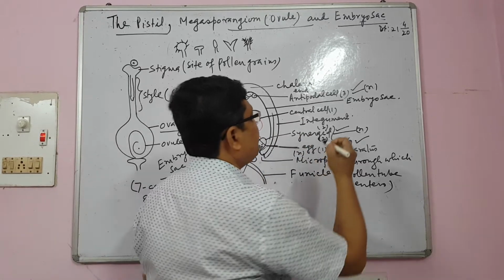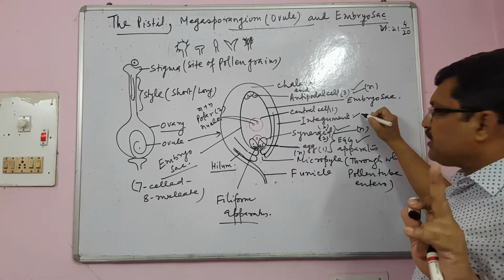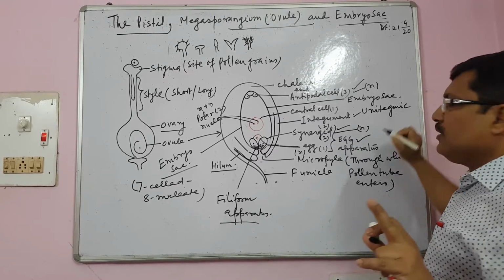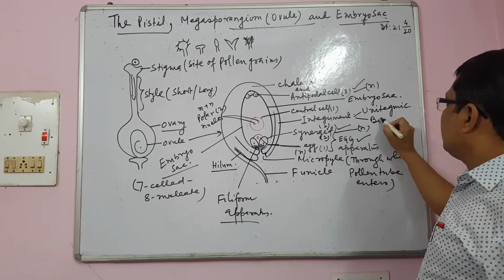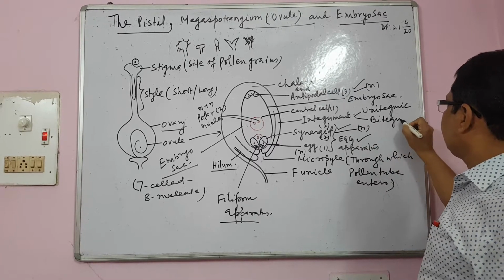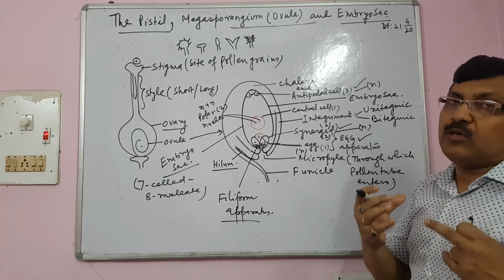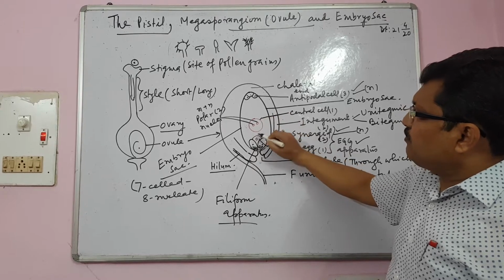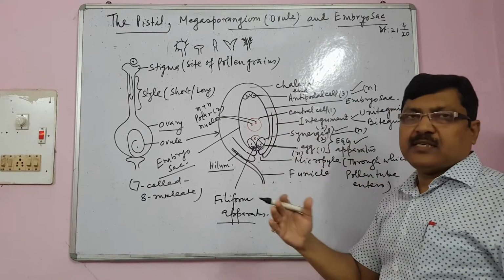If one integument layer is present, that is unitegmic, and when 2 layers are present, that is bitegmic. Sometimes an ategmic ovule is also reported, and within this embryo sac there is a structure which is called nucellus. We will discuss later.